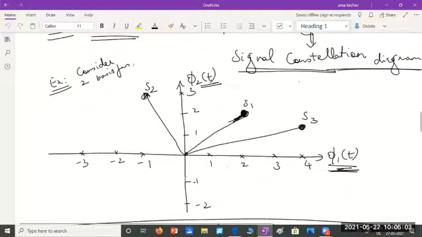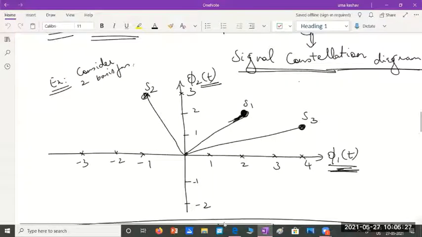So what is this constellation diagram? In this, we geometrically represent the signals using the orthonormal basis functions phi 1, phi 2, phi 3, and so on. And once we have those basis functions, we will be drawing these signals in what is known as the signal constellation diagram.